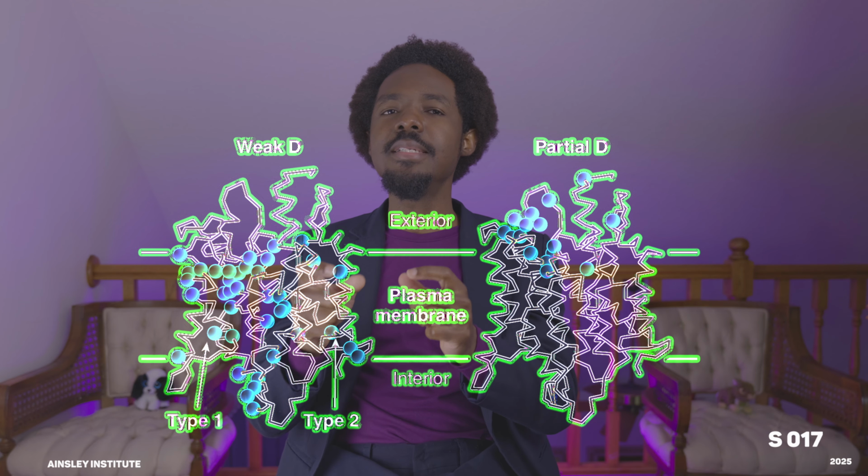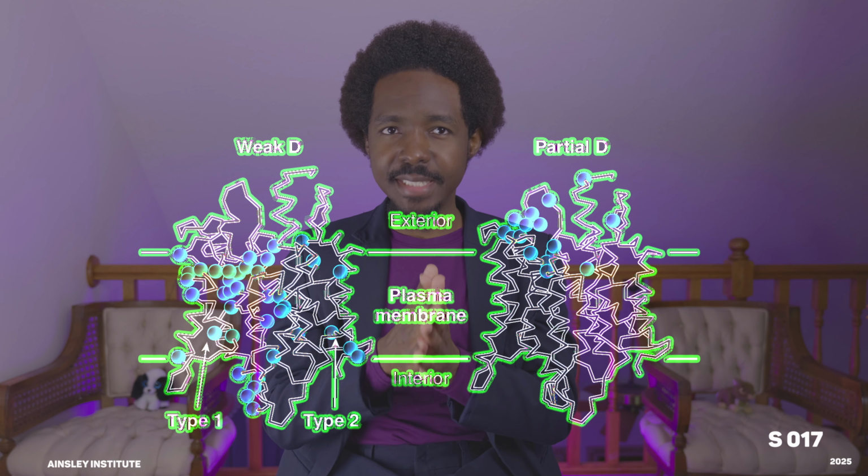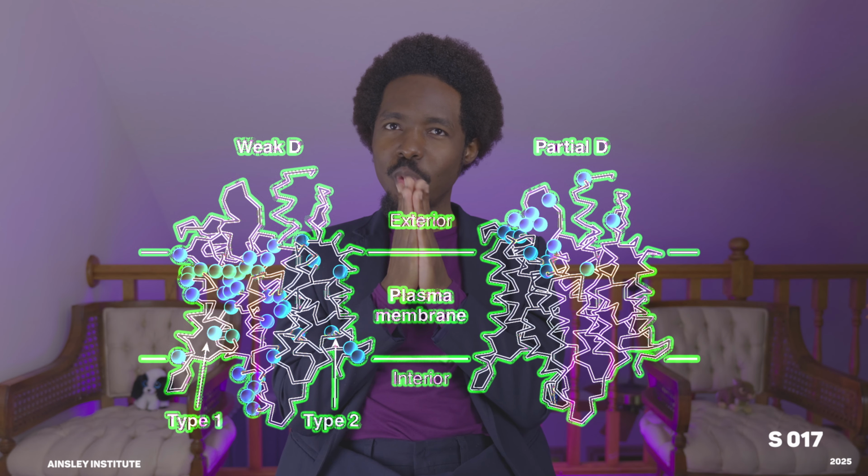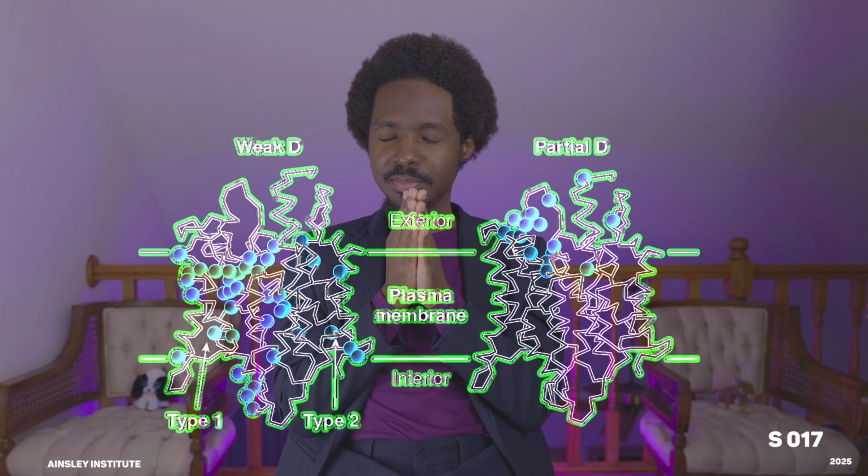The anti-D made by individuals expressing the partial D can cause hemolytic disease of the fetus and newborn. And you understand why this can happen, because it is not complete.